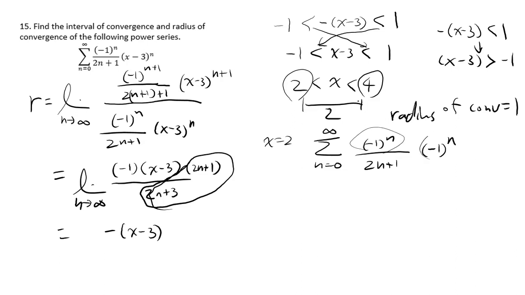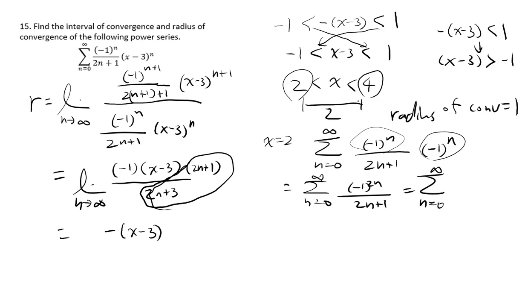If you have negative 1 to the nth times negative 1 to the nth, that's negative 1 to the 2nth power, but that means you're taking even powers of negative 1, which is just 1. So this is 1 over 2n plus 1, that diverges because it's a harmonic series.